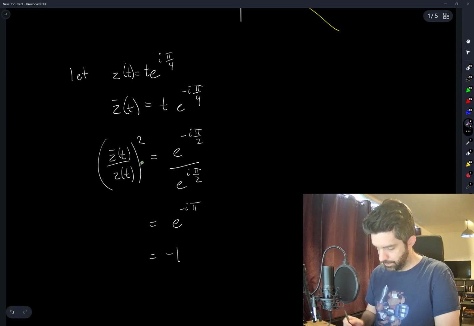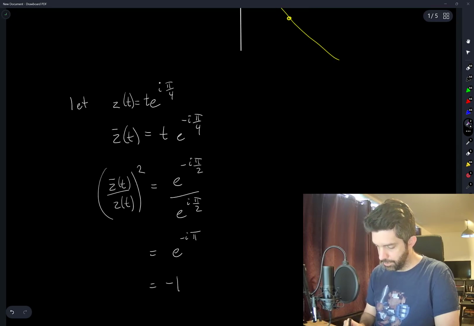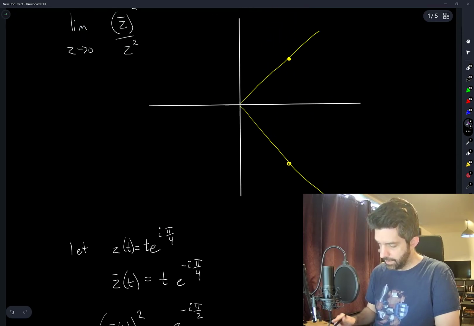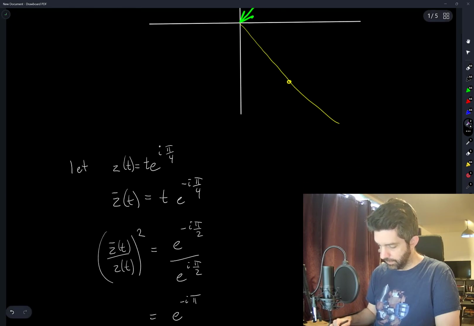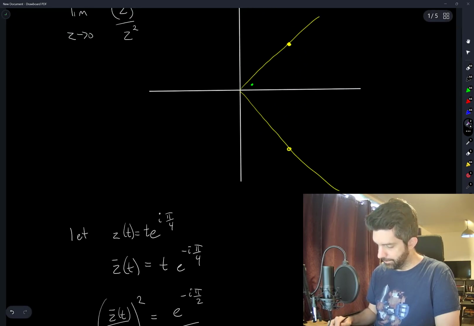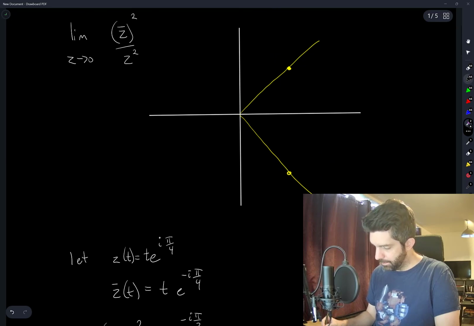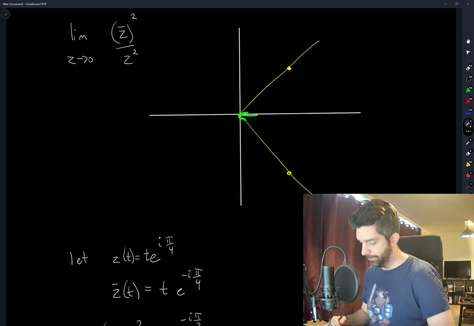Okay, so if z approaches 0 along this direction, then this limit is negative 1. But if we approach along any real direction, then the limit is 1.